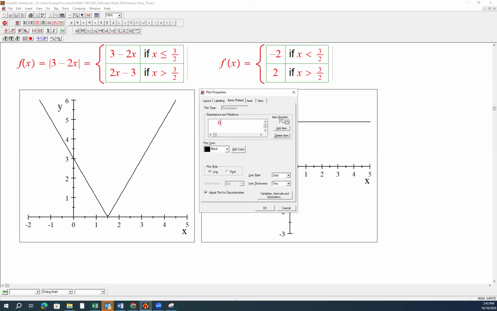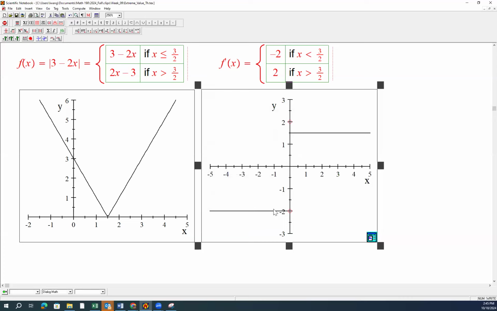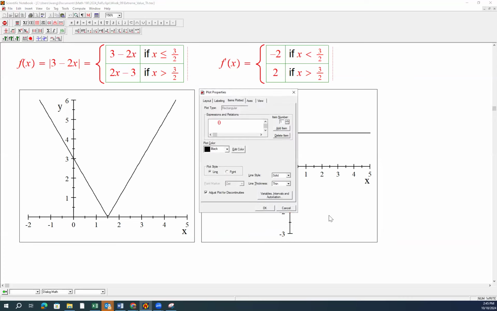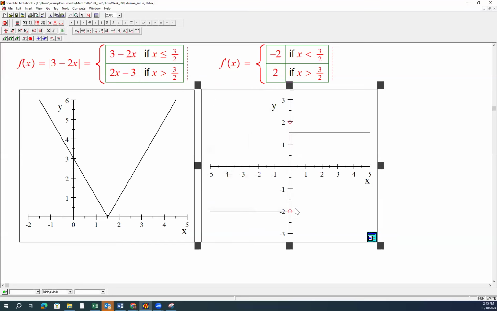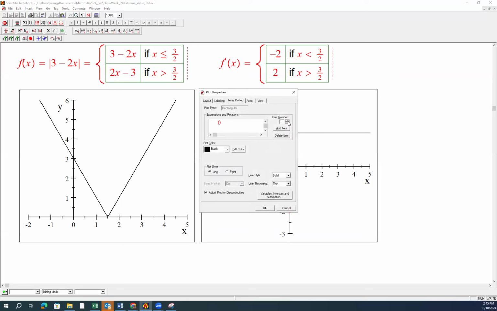It can be done. That's 3/2. My bad, 3/2, positive 2.